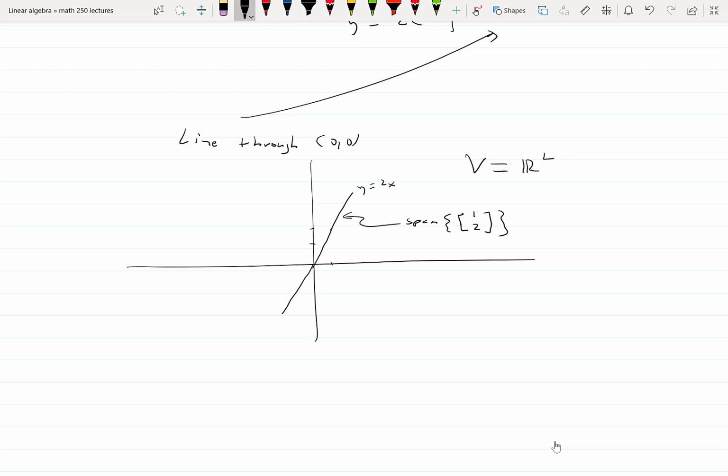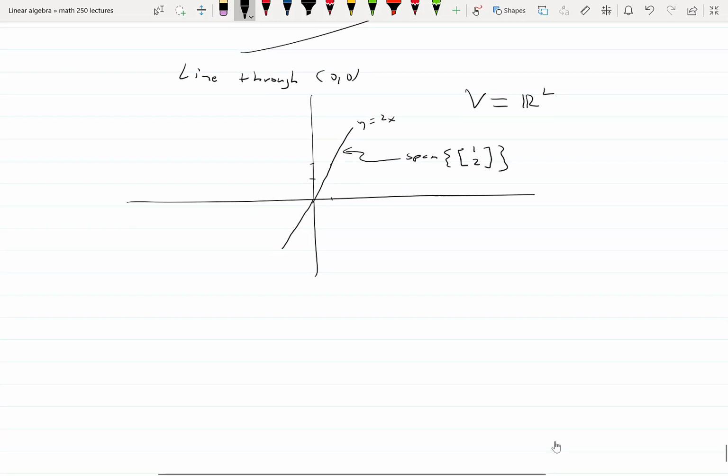It's the set of all linear combinations of the vector 1, 2. So the span of the single vector 1, 2 is a line through the origin. In fact, all lines through the origin turn out to be subspaces of R2. We looked at another line through the origin as a subspace of R2 when we began this lecture: the x-axis, the set of all column vectors x, 0. This is just one other line that goes through the origin. It also forms a vector space.